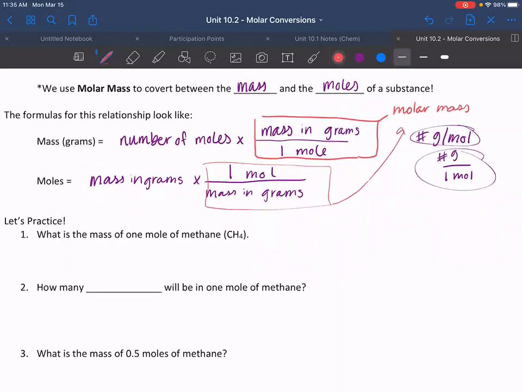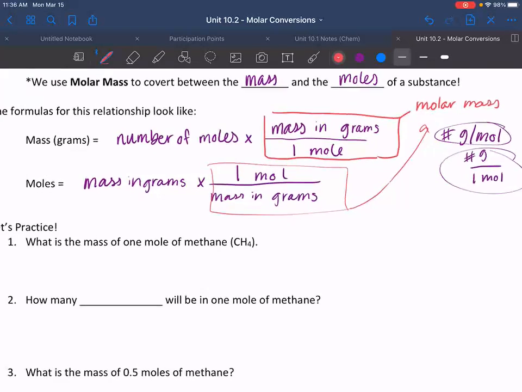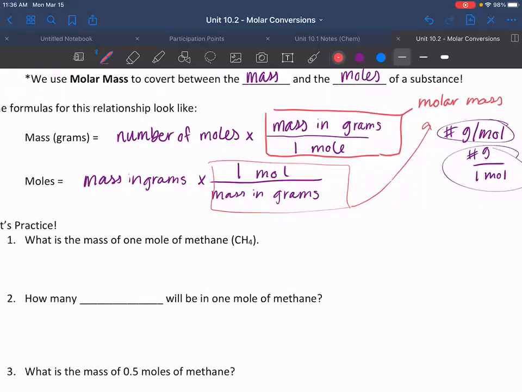Okay. So how do we find the mass of 1 mole of something? Exactly, grams per mole. So we're going to calculate the molar mass, or the mass of 1 mole, of methane. So what is the mass of one carbon? Well, we have 12.0 grams per mole for carbon. Hydrogen, how many do we have here though?